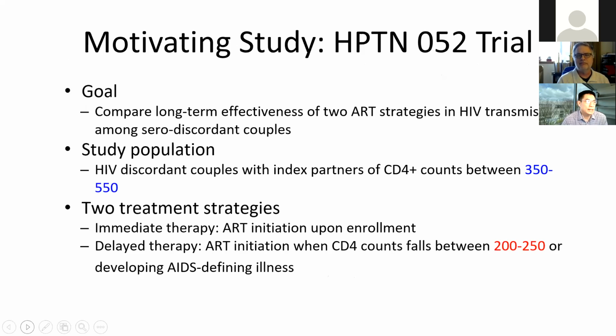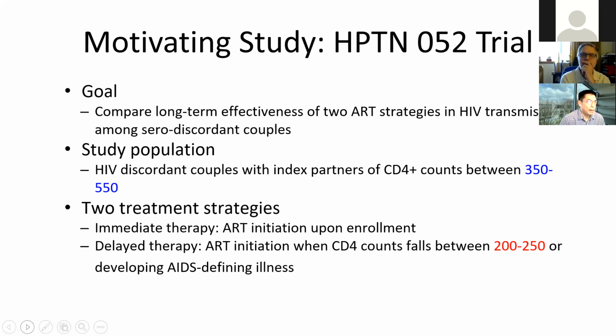So for those of you who are working in HIV clinical trials, you probably know this trial very well. It's to compare the long-term effectiveness of two ART strategies in HIV transmission among serodiscordant couples.